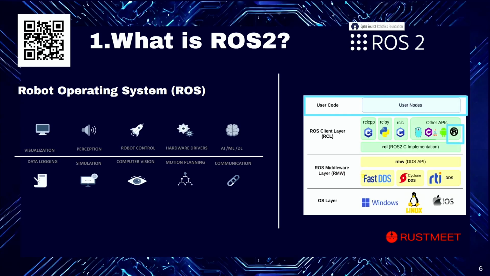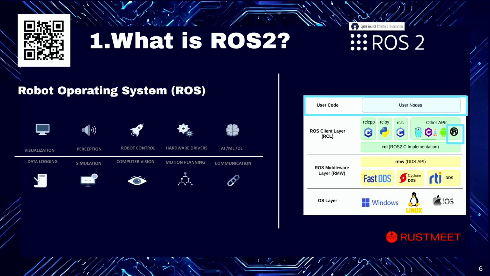Okay. So this is how ROS2 has been developed. Here is where normally people are, in the OS layer. And there is a middleware. ROS is based on DDS, the Data Distribution System, a middleware used mostly in industry.